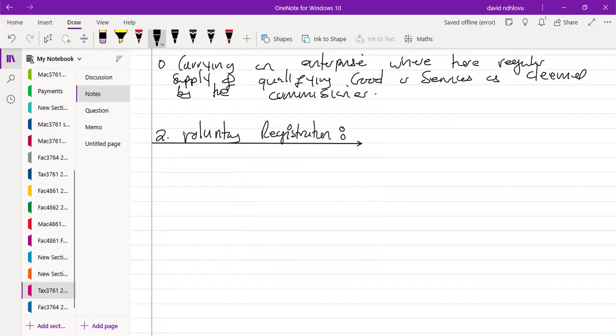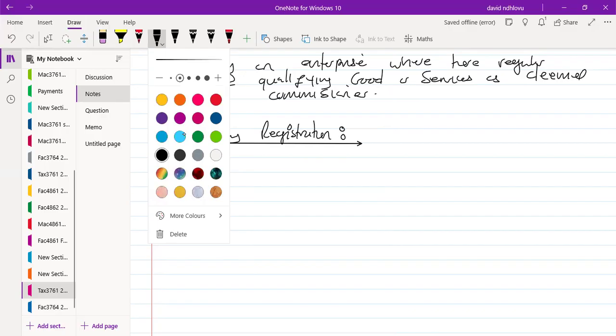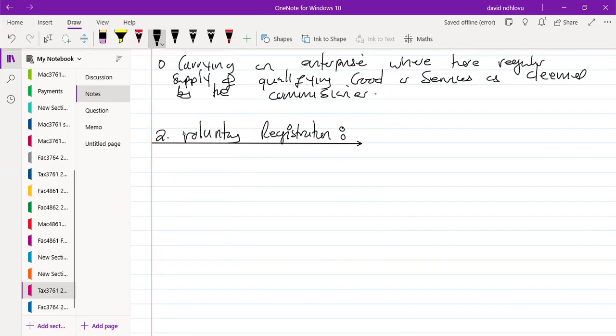So you are the one as the supplier who is driving the request for registration. There are also three instances in which a person can voluntarily register for VAT. So we can say a person can voluntarily register as follows.